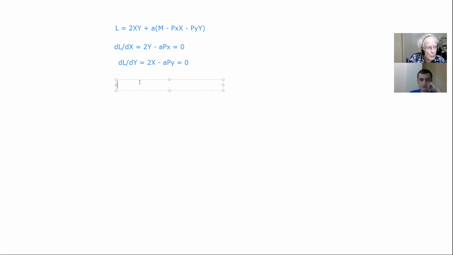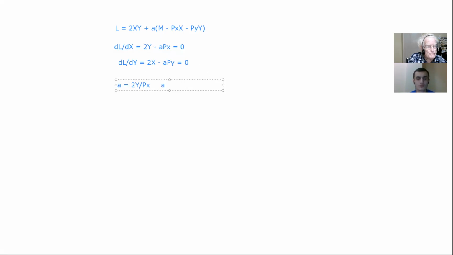All right, so we can use the first order condition to solve for a. A is equal to 2y divided by the first of x. That's from this condition right here.